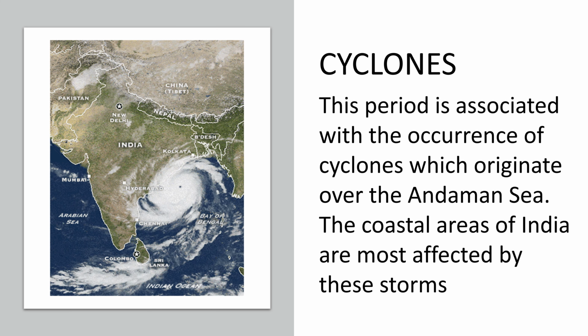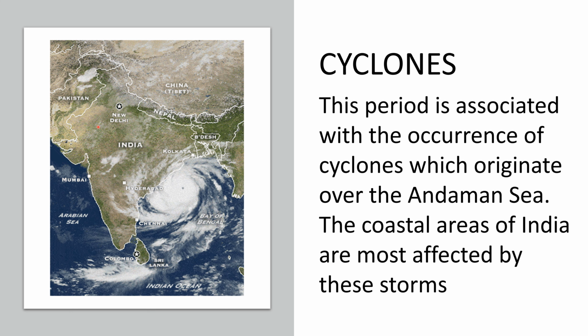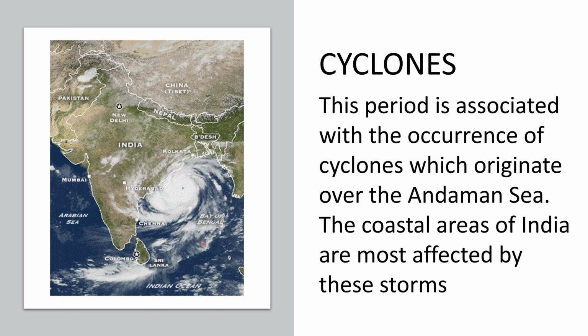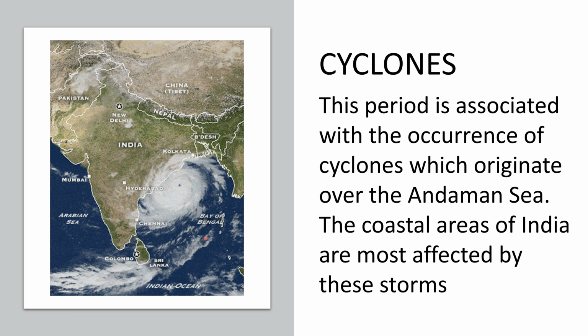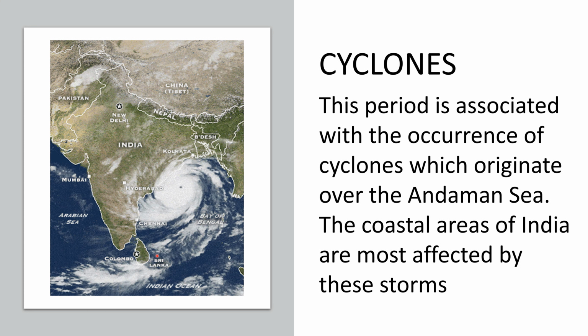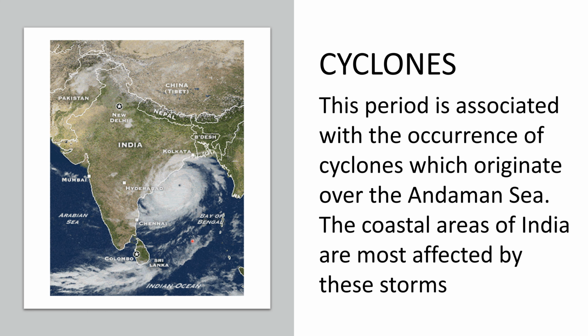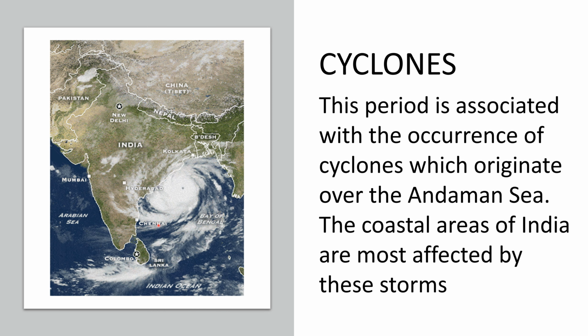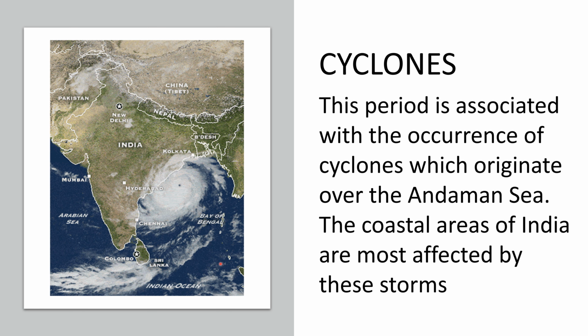This occurs mainly because now the land is having a high pressure while the sea is having a low pressure. Low pressure means there is a lot of instability, and that leads to the occurrence of frequent cyclones in the Bay of Bengal. The coastal areas of India, especially Tamil Nadu, Andhra Pradesh, and parts of Bangladesh, are very badly affected because of these storms.